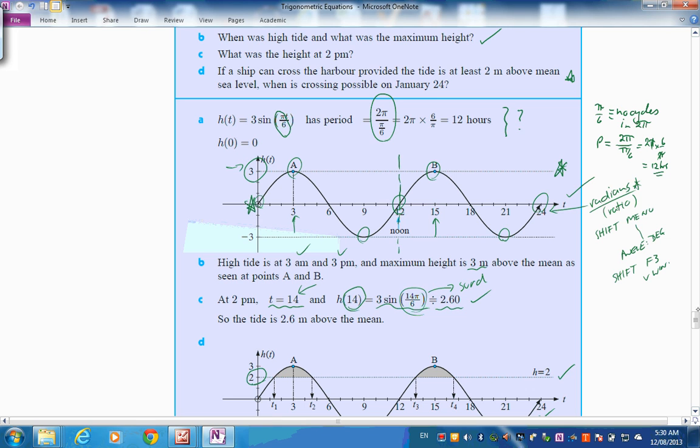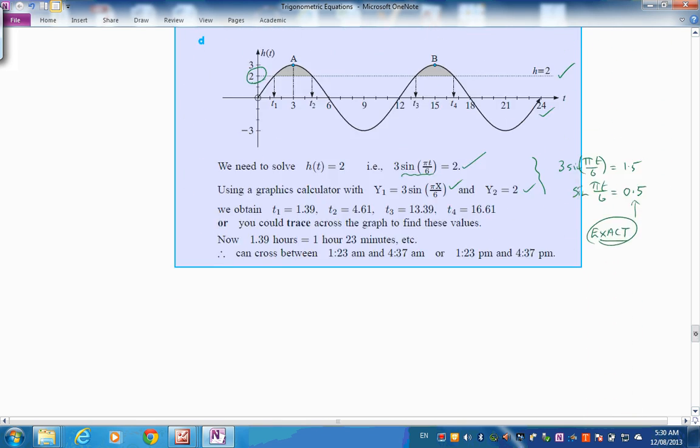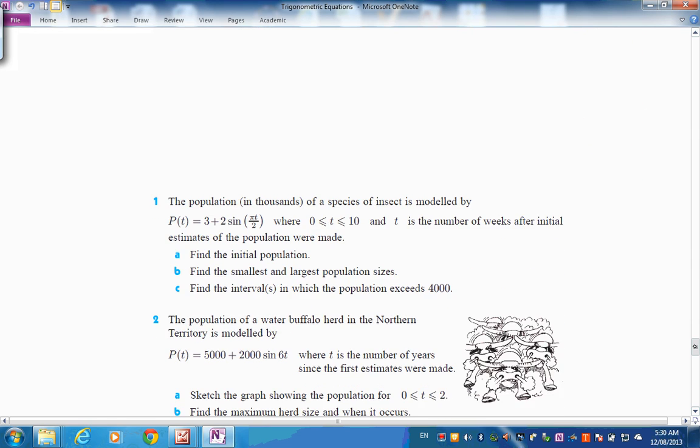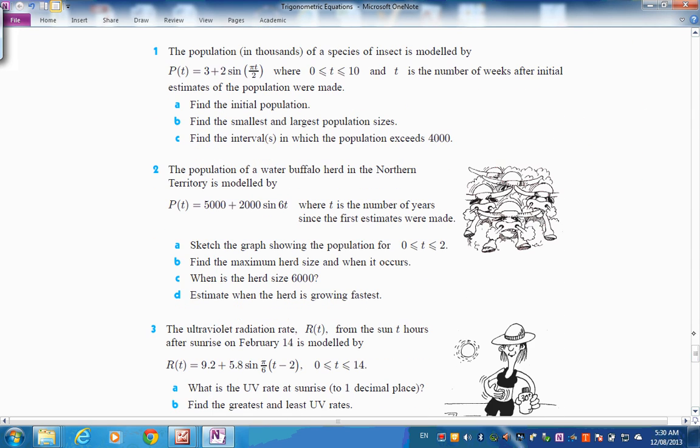Okay, so let's come down and have a look at some questions where we can utilise technology and other skills and solve equations. So here are a couple here. A species of insect, initial population, smallest and largest population sizes, find the intervals in which the population exceeds 4,000. So that's our equation 1 there. And we would generally use technology for that, because it doesn't say give exact answers.